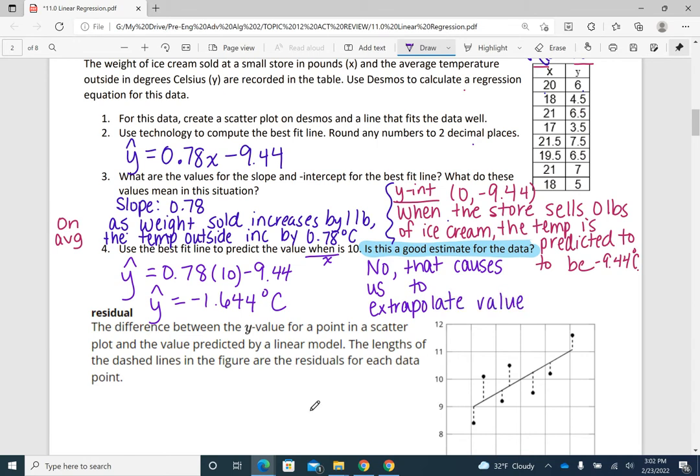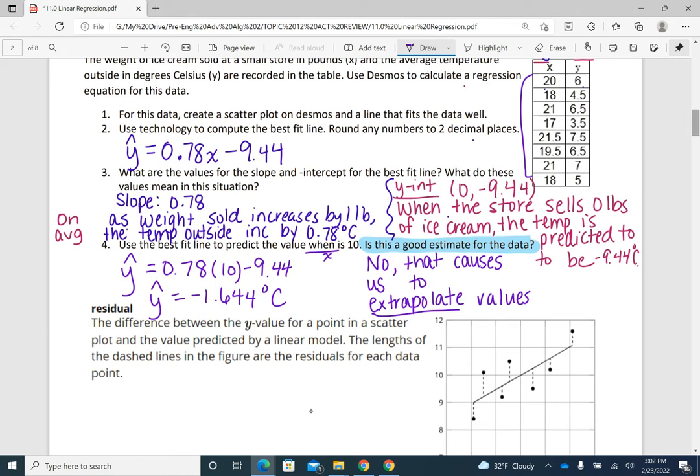That means make predictions outside of what you know to be true. And extrapolation is not a good thing for what we're doing today. So you want to keep those predictions for pretty much between these y values. That's what we want to do.